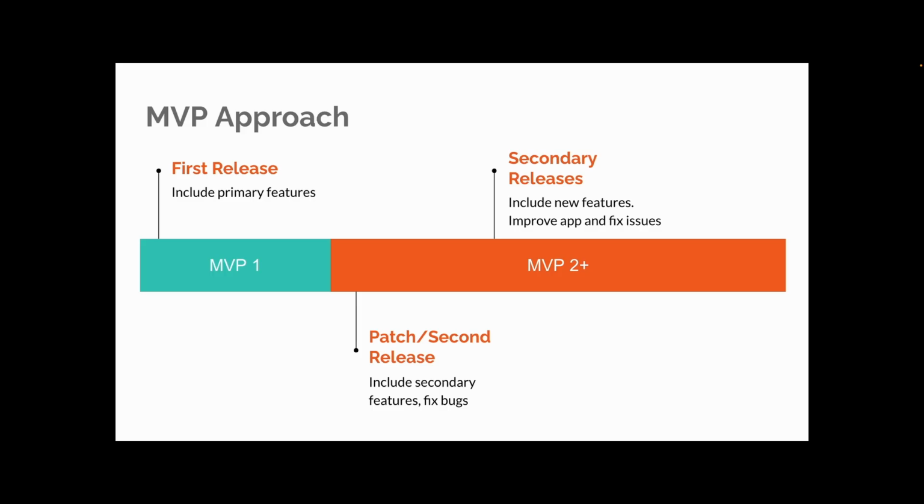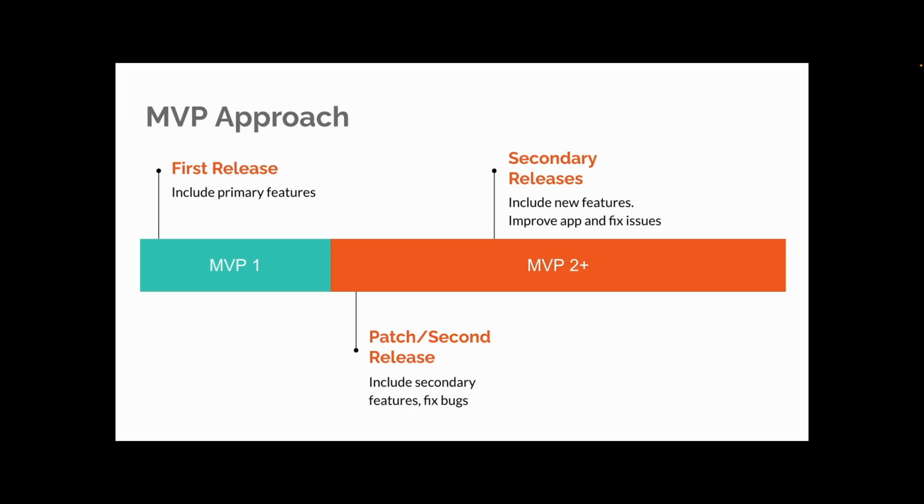So what you need to do in the MVP 1 stage is to include the primary features, which is more like the first release. Say you are building a subscription app, you need to add subscriptions, store them locally, and then show lists. Those are very important. And also, you need to implement notifications. You can include that in the first features because they are very important before you release it, maybe for users to test and all that.